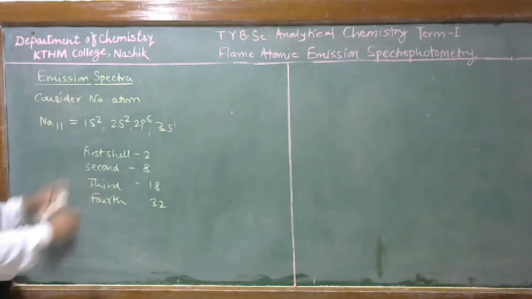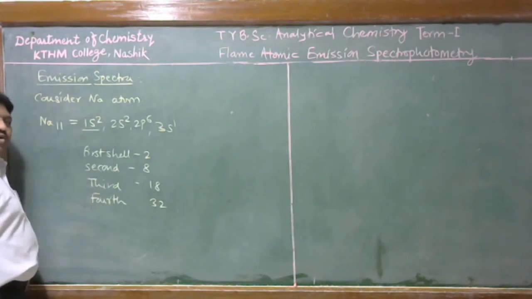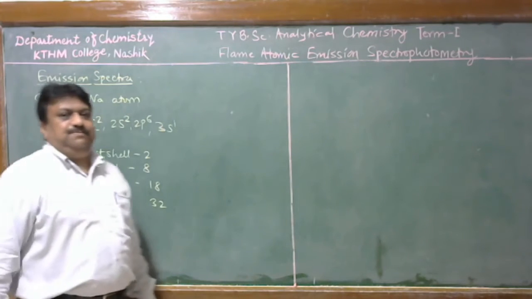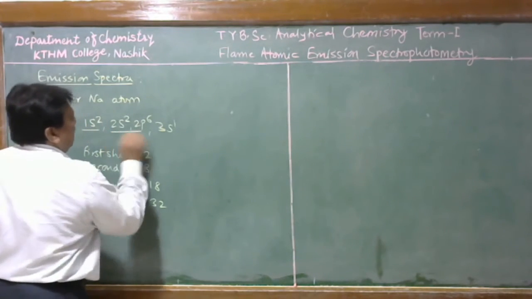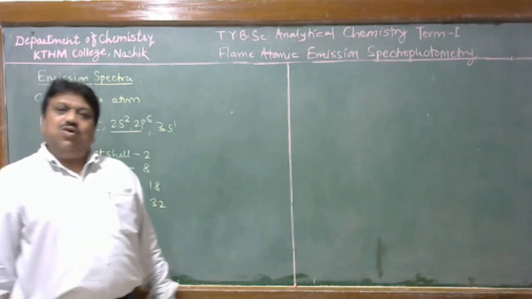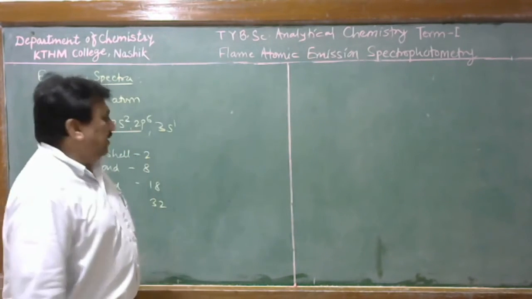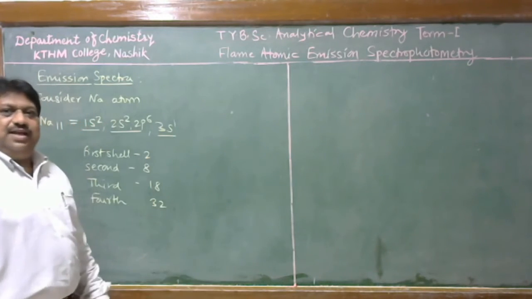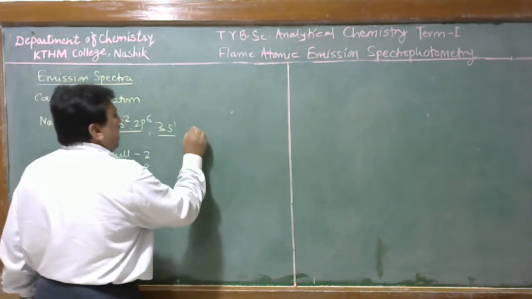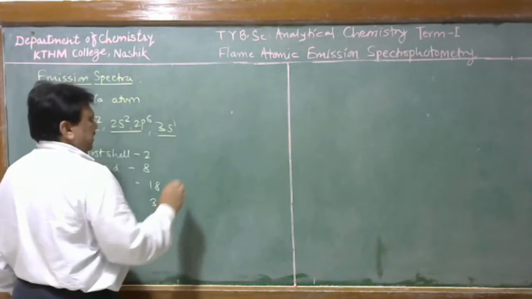Therefore, here 1s is the first shell of any atom, here the sodium atom. Therefore, 2p is the second shell of the sodium atom, and here if we have one more electron, then 3s is the valence shell of this sodium atom.